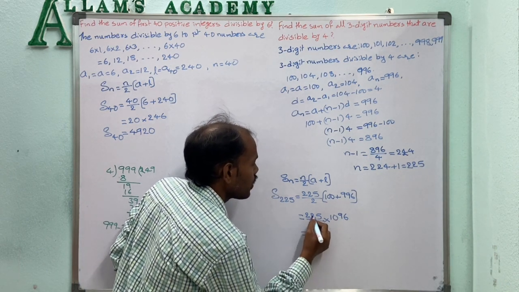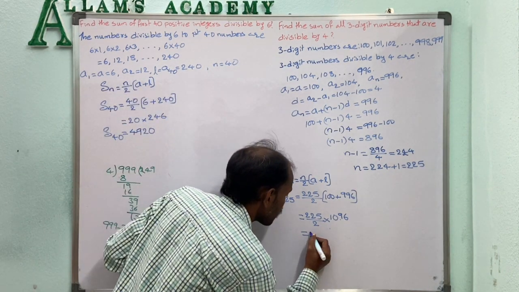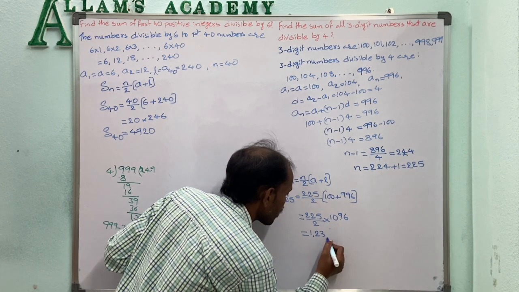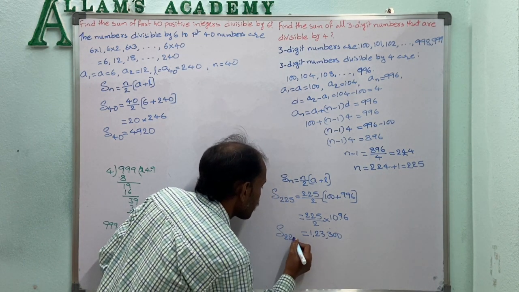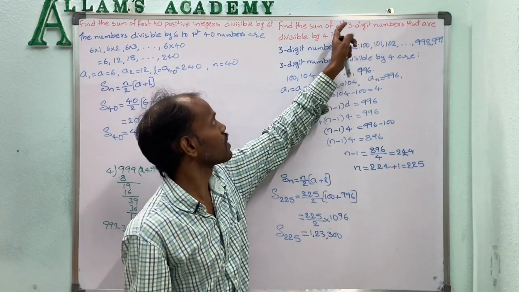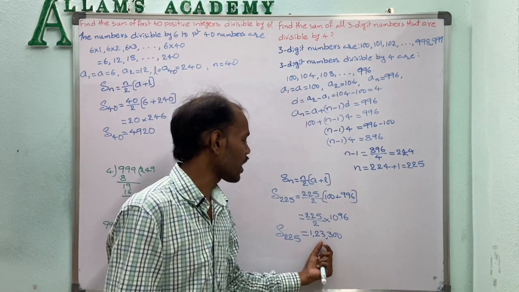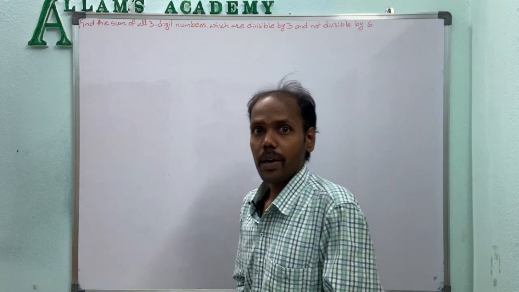So 225 into 1096 by 2 is equal to 1,23,300. So the sum of the 3-digit numbers that are divisible by 4 is 1,23,300.